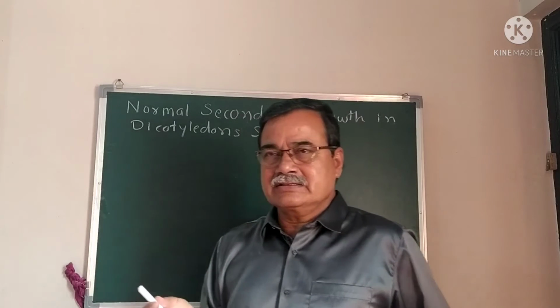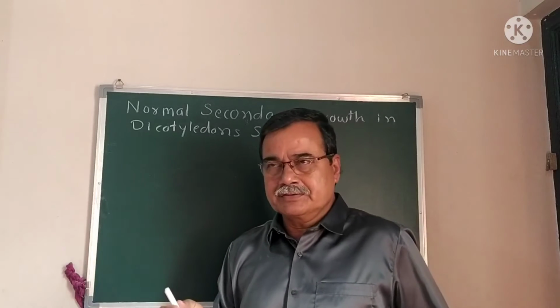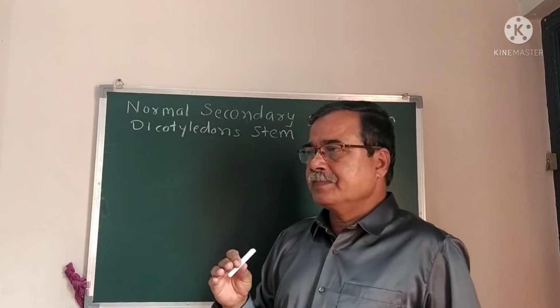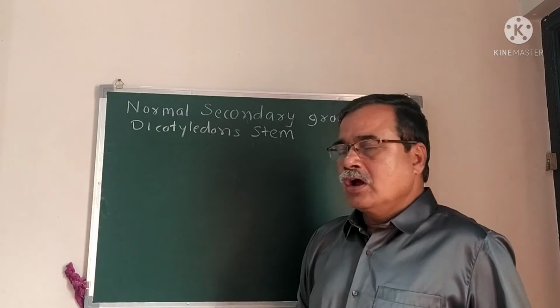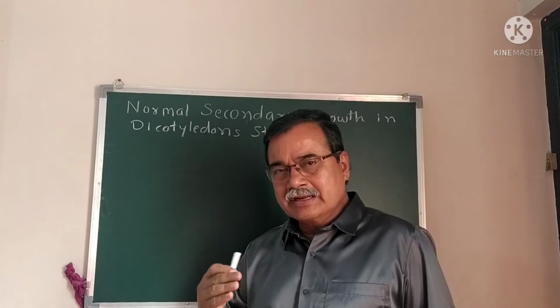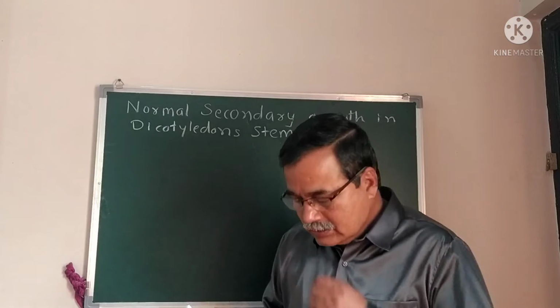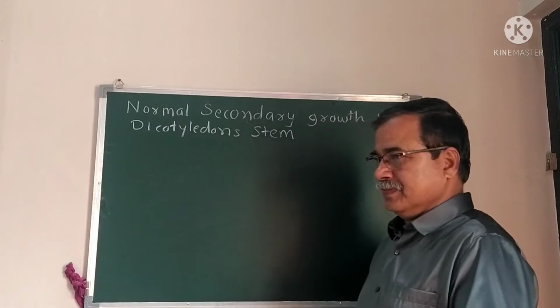Addition of branches takes place, with the formation of more leaves and more fruit. Therefore, it adds more weight. Therefore, the demand goes on increasing to give mechanical support to the plant body.